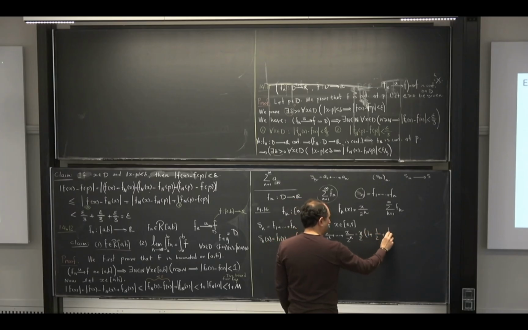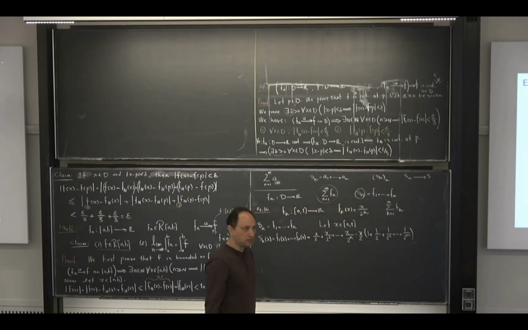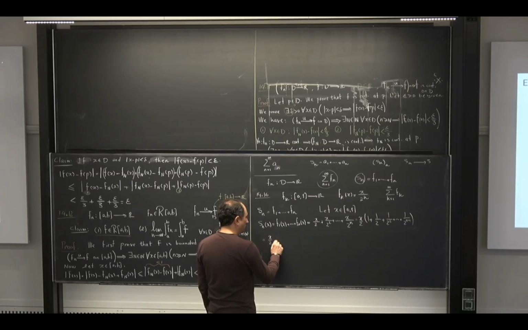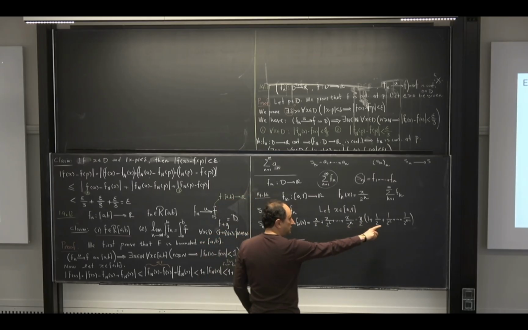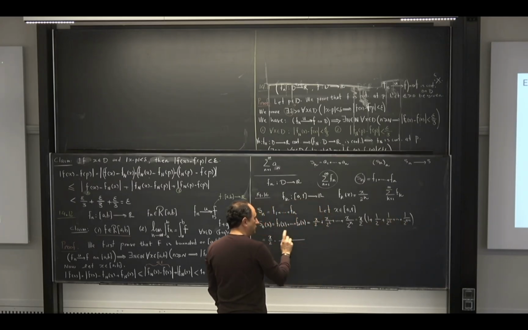The next one is 1 over 2 to power 2, up to 1 over 2 to power n minus 1. This is a geometric sum. So if I calculate this, it becomes x over 2 multiplied by the formula. This is not a series, be careful. There are n terms there. So it becomes the first term, 1 minus 1 over 2 to power n, the number of terms, over 1 minus 1 over 2, the common ratio.